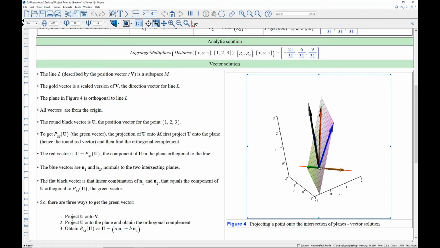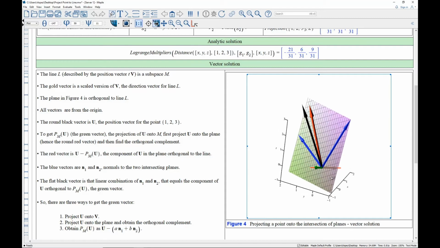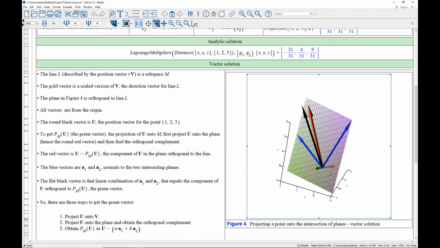minus this projection. The two normals span the plane. So if you take a linear combination of these two blue vectors and choose that combination appropriately, you should be able to get the red vector.